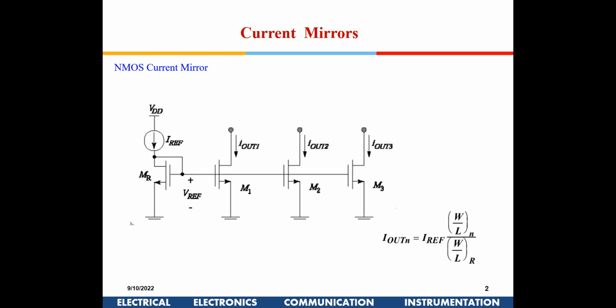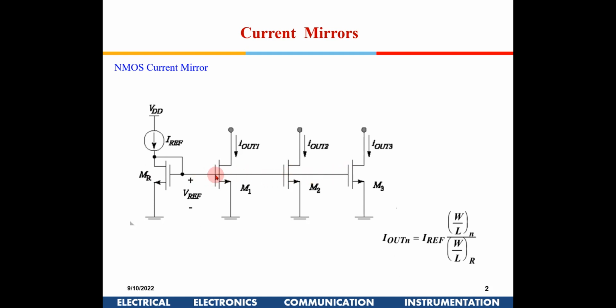Sir, I have one question. We are giving the I reference at the initial stage. I'm curious to know why the current does not drop as it goes through the different transistors, I out 1, I out 2, I out 3. Where is this current going? There are no gate currents, right?